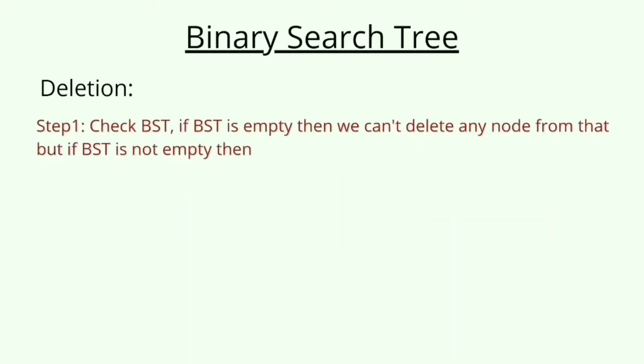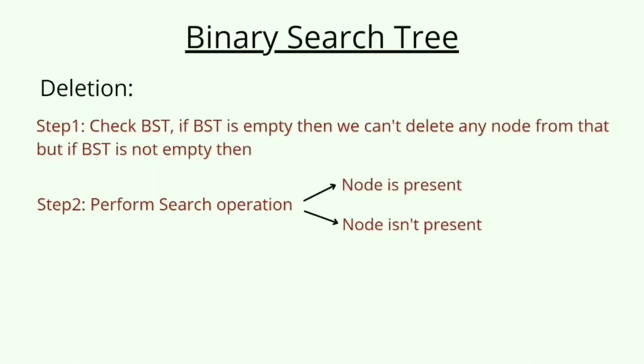So the first step is we will check the BST. If BST is empty, then we can't delete any node from that BST. But if BST is not empty, then we will perform searching operation. Now in searching operation, there may be two conditions, whether we find the node or not present.